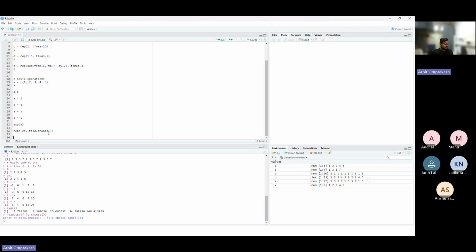Then the other very useful thing that we can do using R is calculate simple statistics.